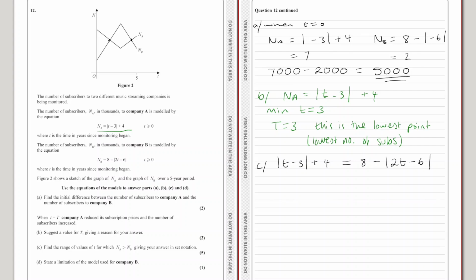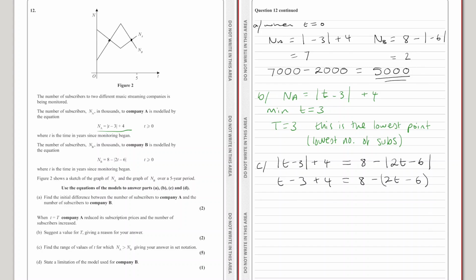We could use the graphs here because we can see where they intersect. When B has a positive gradient and A has a negative gradient, they intersect. And when A has a positive gradient and B has a negative gradient, they intersect. So I could work this out twice, once for the positive gradient for A, once for the positive gradient for B. So we're going to have t minus 3 plus 4 equals 8 minus 2t minus 6.